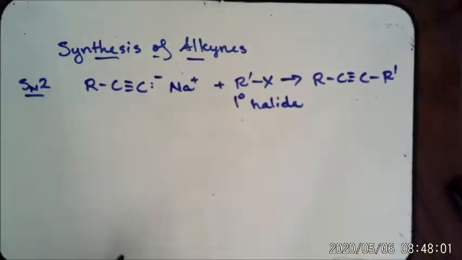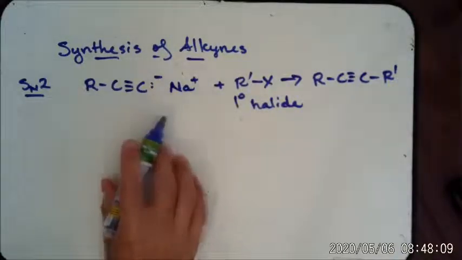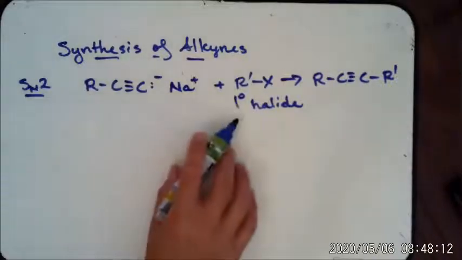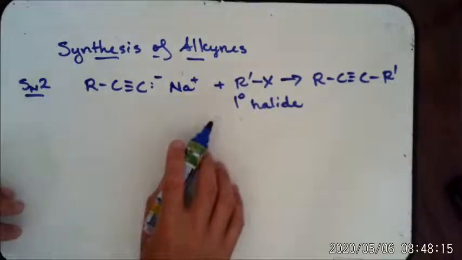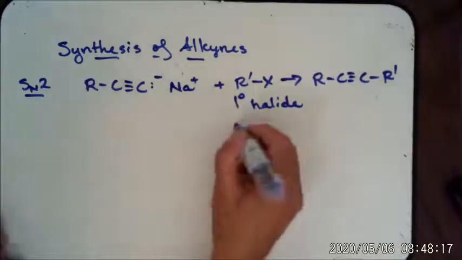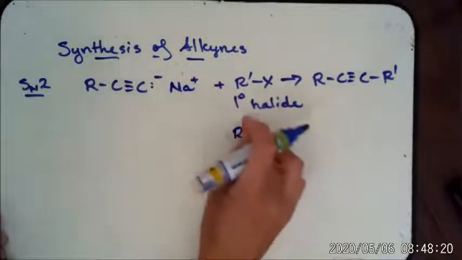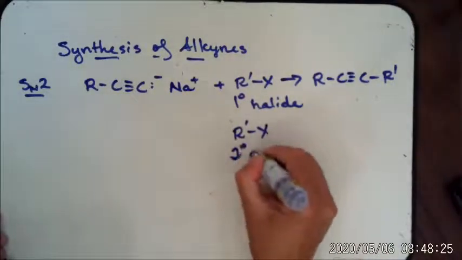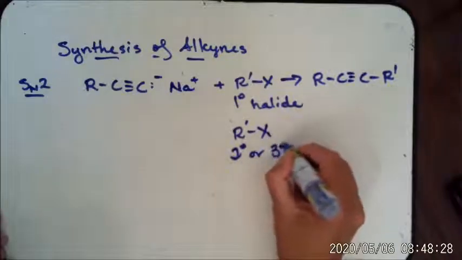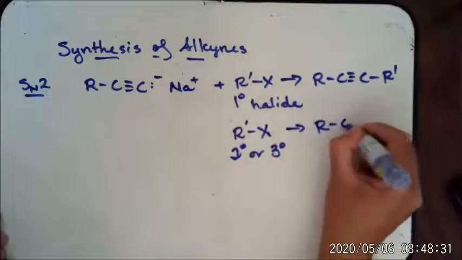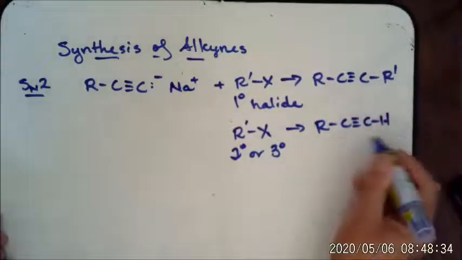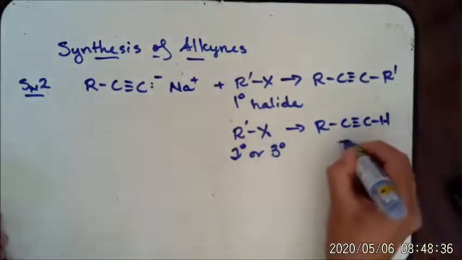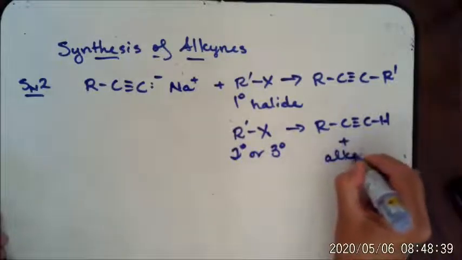Okay, so how else can we make it? Just so you know, if you have not a primary halide but a larger halide, then you would be doing an E2. So if your halide is secondary or tertiary, you would reform your terminal alkyne plus you'll get an alkene.